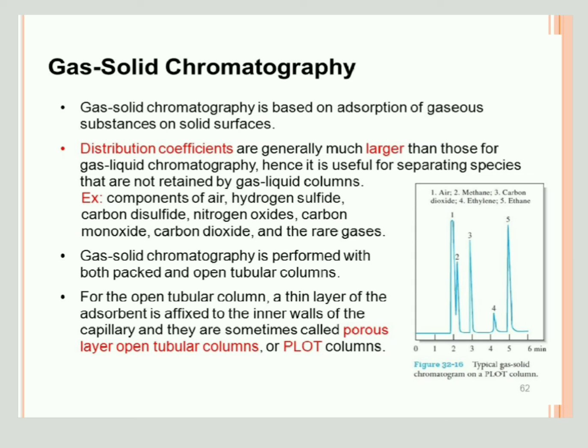It is performed with packed and open tubular columns. There are two types of columns, the packed and the open one. Often in the open tubular column, a thin layer of the adsorbent is affixed to the inner wall of the capillary, and they are sometimes called porous layer open tubular columns. The function is the same, with only a small difference compared to gas liquid chromatography.